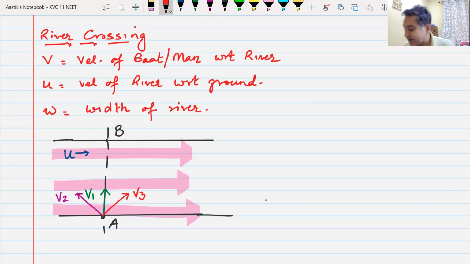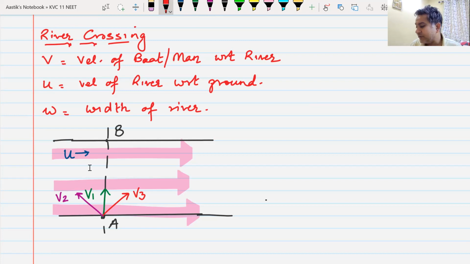So basically, it depends on how that man is moving with respect to the river. He can move always perpendicular to river flow. He can move at an angle opposite to river flow. He can move at an angle which is in the direction of river flow. So there could be three different cases in which the man can move, and in all these three cases, different scenarios will happen. So we will discuss these different scenarios.